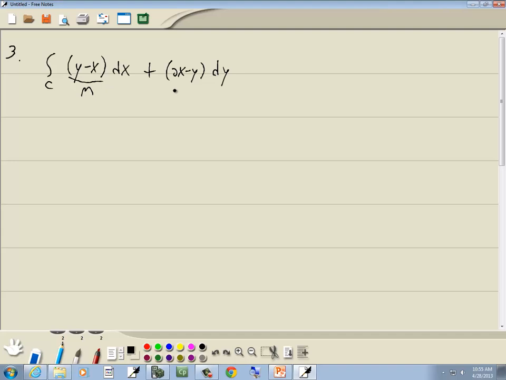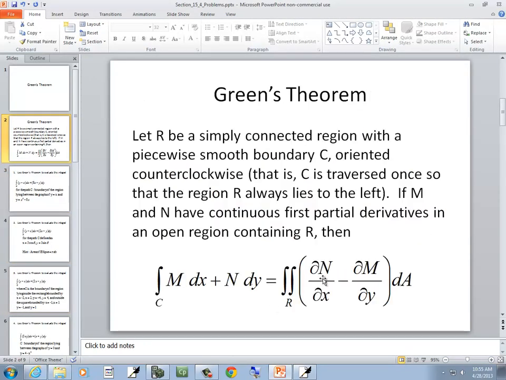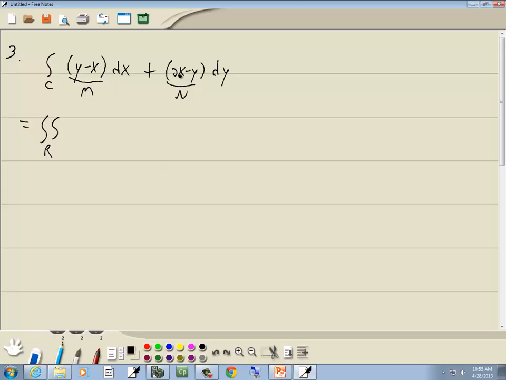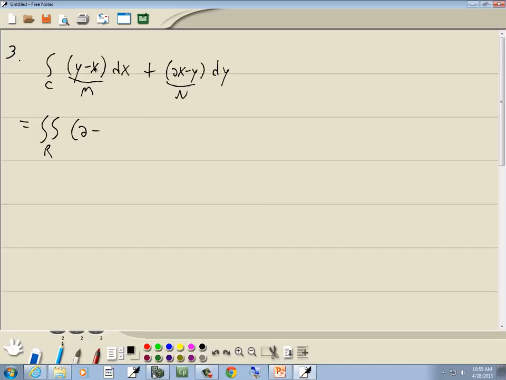This is M, and this is N. Let's first not worry about the region of integration yet. Let's check the partials. Go back up to our formula. Partial of N with respect to x is 2, minus partial of M with respect to y. Partial of M with respect to y is 1.